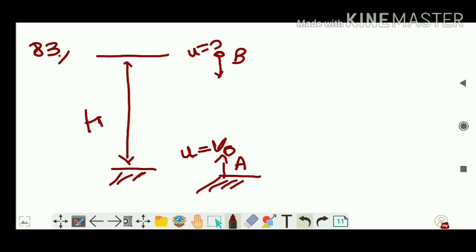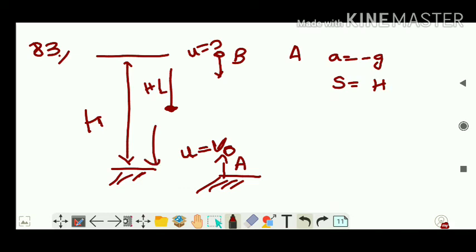Now let's move on. Regarding body A, the acceleration will be minus g. Now what will be the displacement S? It's thrown up, so positive, but it is meeting at h by 2. This is the meeting point, so this is h by 2, this is also h by 2.